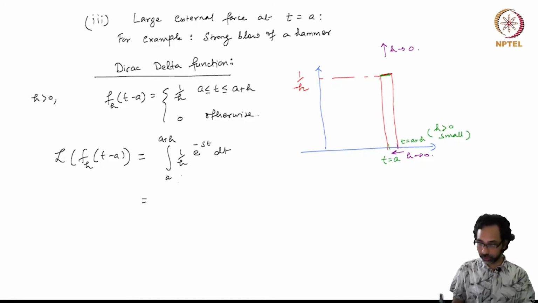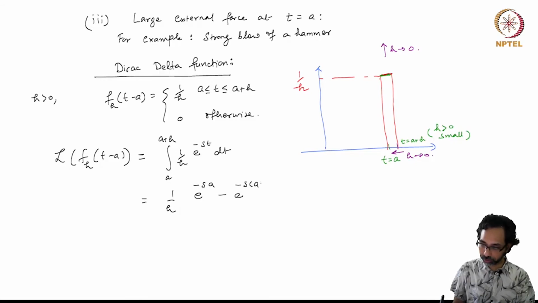One can easily compute this, and you get 1/h on the outside, and you will get (e^(-sa) - e^(-s(a+h))) over s.